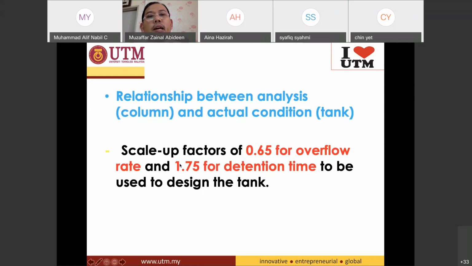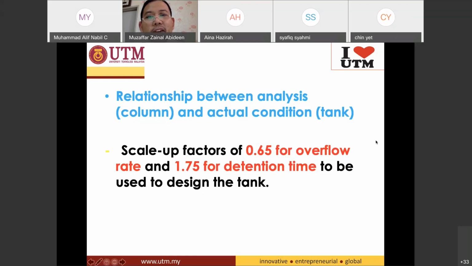So in reality, if you want to design a sedimentation tank, the detention time has got to be 17.5 minutes. Then only it will be able to remove 77.5% particles. Okay. So is that clear?